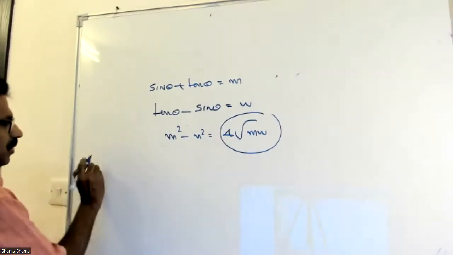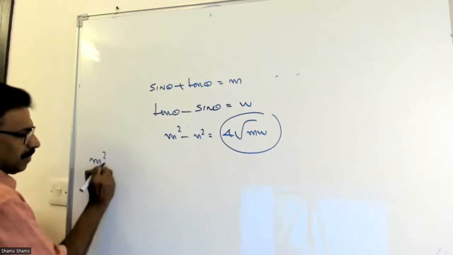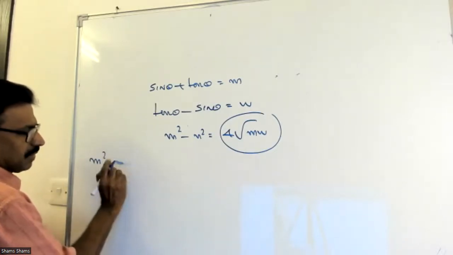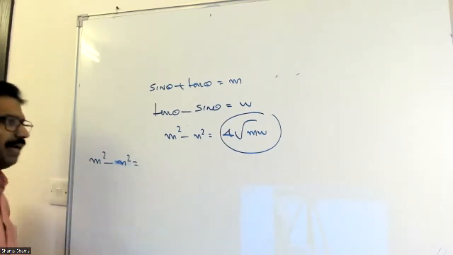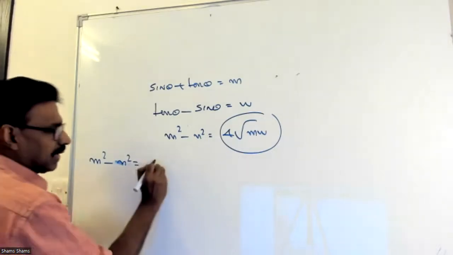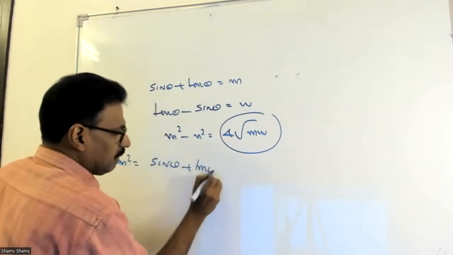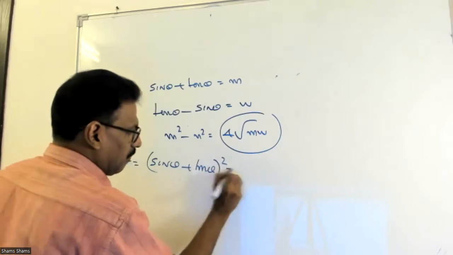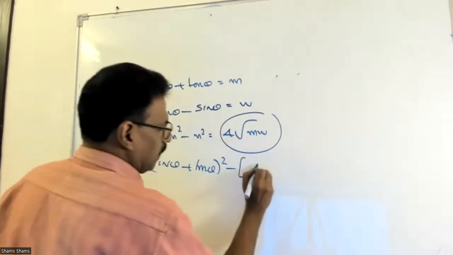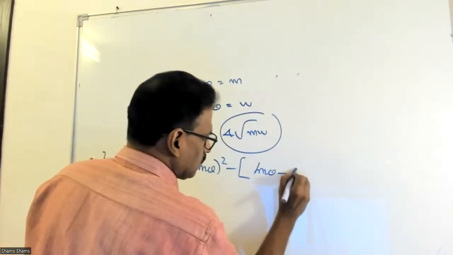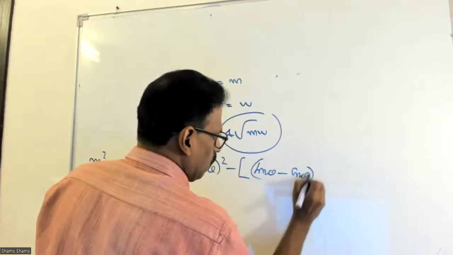Look here. M square minus N square. I'm directly writing: sine theta plus tan theta whole square minus tan theta minus sine theta whole square.